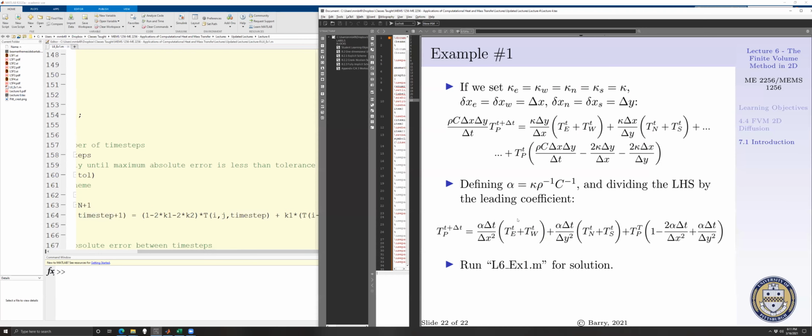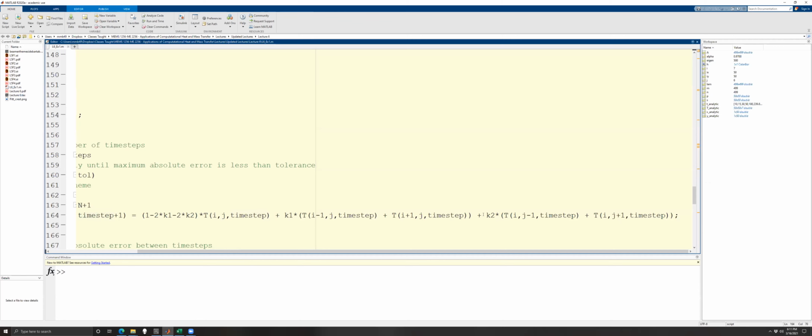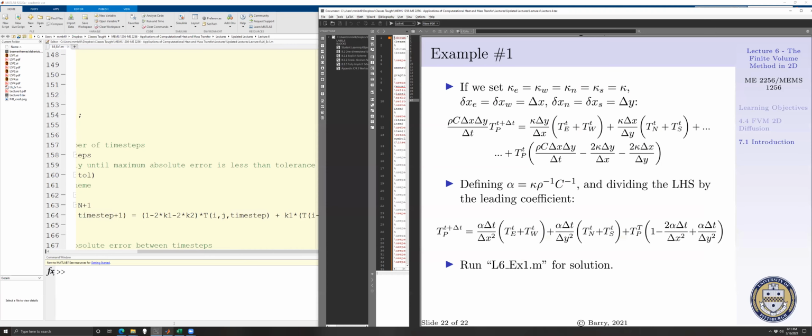So this represents the first term on the right-hand side of our final expression. Last but not least, we're going to have K2 times T of i, j minus 1, our south cell, plus T of i, j plus 1, our north cell. That guy.